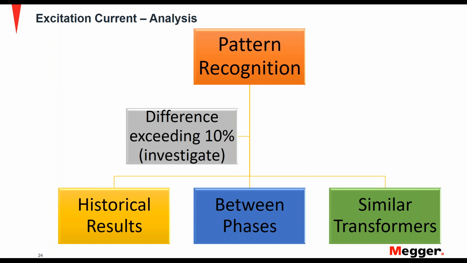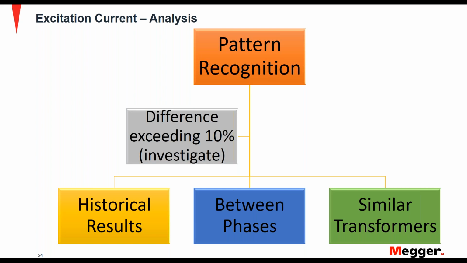You can also have a situation where you have a bank of three single-phase transformers in some of the substations, and then you can compare the excitation current of each phase and determine how each transformer is behaving. This comparison generally has to be within 10%.